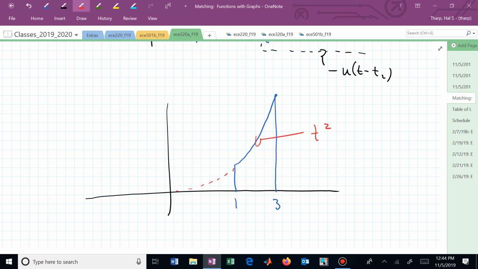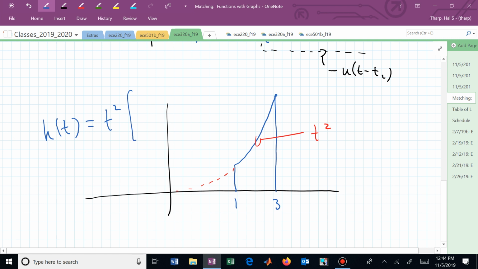If we want to describe just the piece h of t that is non-zero, it's 0 outside of 1 and 3, you could say, well, it looks like it's t squared, but now you know how to turn it off and on.